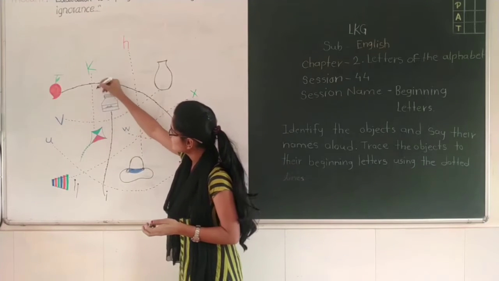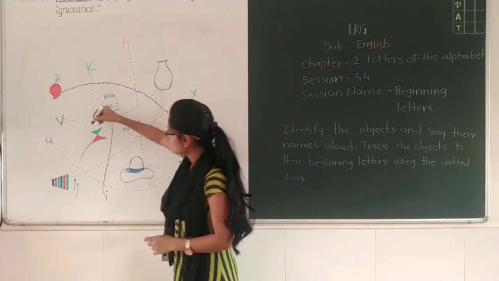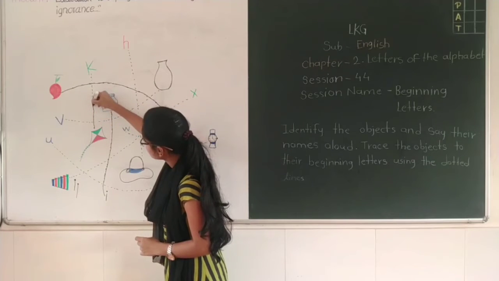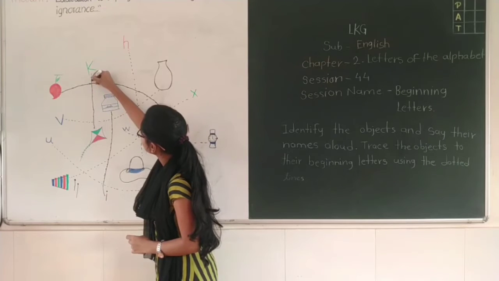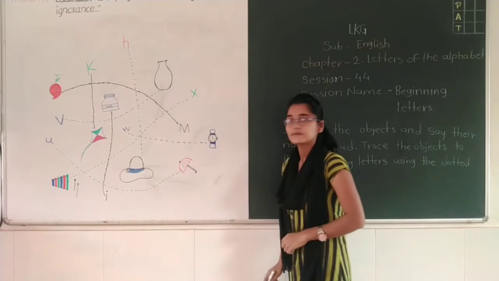Look at here. This is a dotted line. Now you have to trace this dotted line and match the picture of kite and letter K like this.